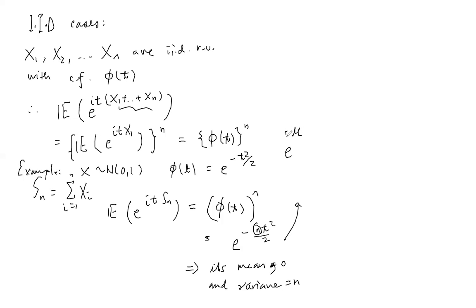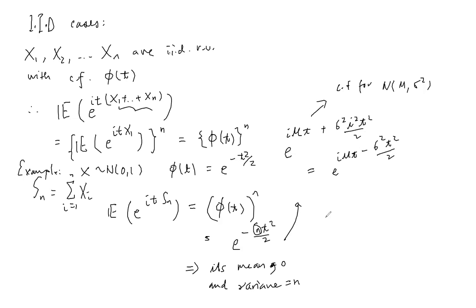e^{iμt - σ²t²/2}. So this is the characteristic function for a normal with mean μ and variance σ², right? Actually, it's σ² i² t² over 2, so basically it's iμt minus σ²t² over 2.